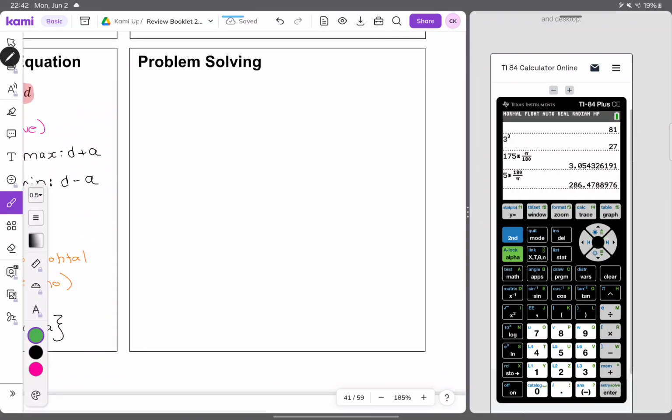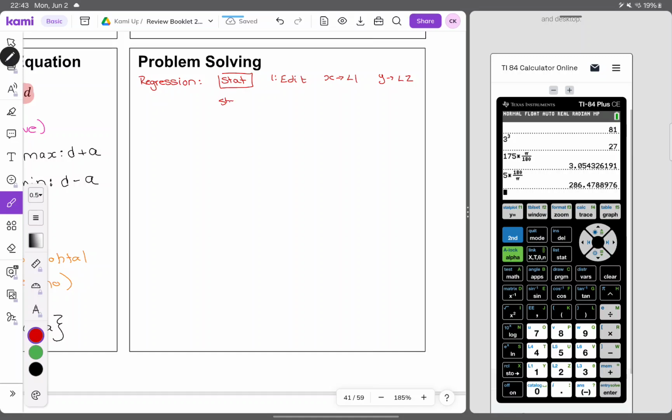Okay, so problem solving with sinusoidal functions. This might mean doing a regression. We've practiced regression several times now. So again, it's still stat, edit, x into L1, y into L2.